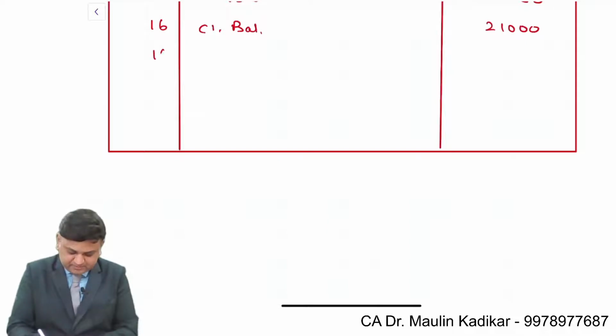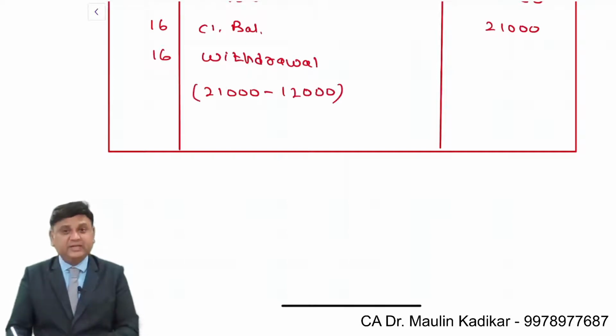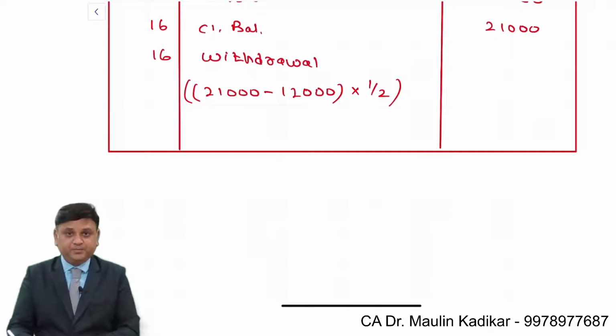So we understand that's over here like this. On 16th, there is a withdrawal. What is the withdrawal permitted? 21,000 minus 12,000. So the withdrawal of 9,000 is permitted. However, he withdraws only half the maximum amount allowed. So into 1 by 2, that comes to 4,500.